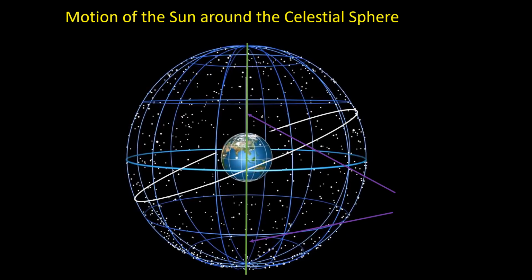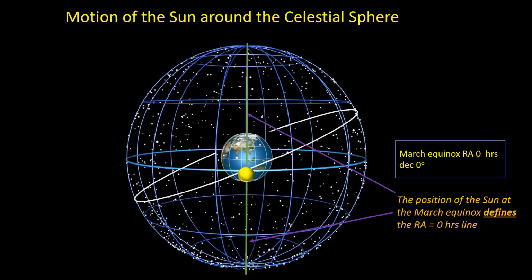Because the Earth is moving around the Sun, it means as seen from the Earth, the Sun appears to move around the celestial sphere. So if we look at the celestial coordinates of the Sun over time, then in March at the equinox, it is 0 RA, 0 dec.